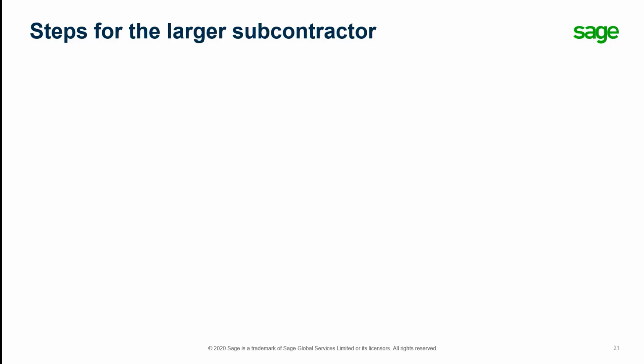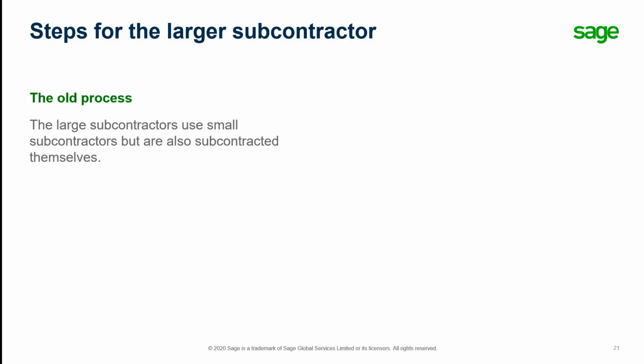So next, let's take a look at the steps for the larger subcontractor in our example. These are those businesses in the middle of the chain who are affected by domestic reverse charge on both their customer and supplier invoices. This large subcontractor uses small subcontractors but is also subcontracted themselves.